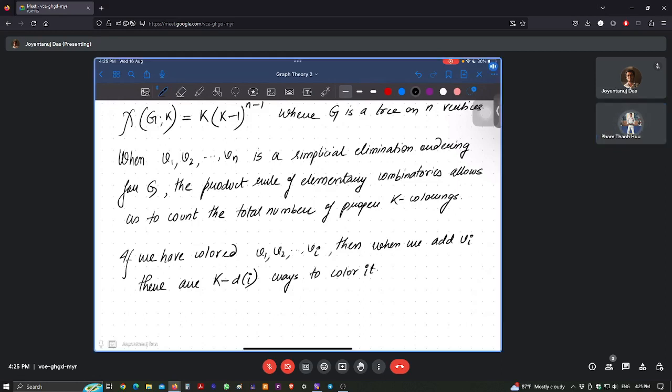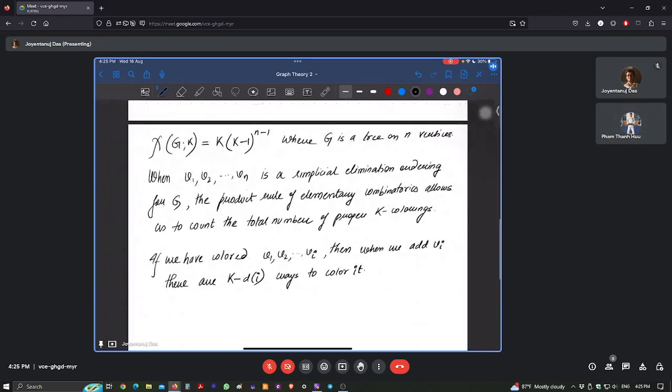There are k minus d_i ways to color this vertex i, right?